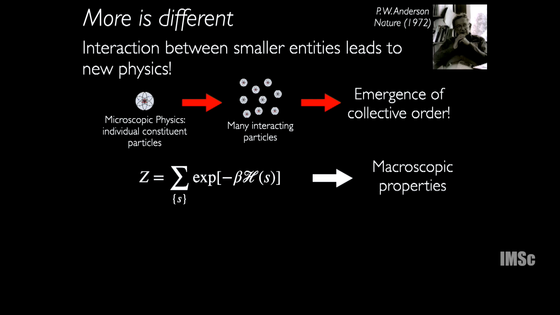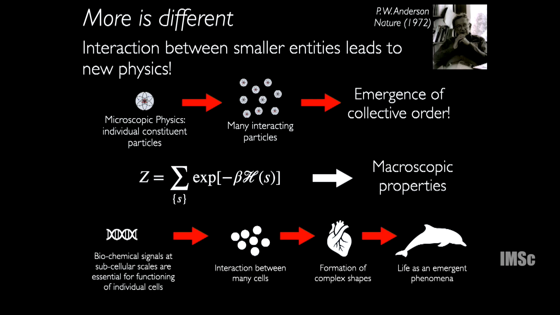Now, think of a more complex generalization of this problem in the context of biology. At very small scales, at the scale of nanometers, you have protein production. You can think of these proteins as force generators or controlling various metabolic activities. These proteins are important to ensure that you have a properly functional cell.